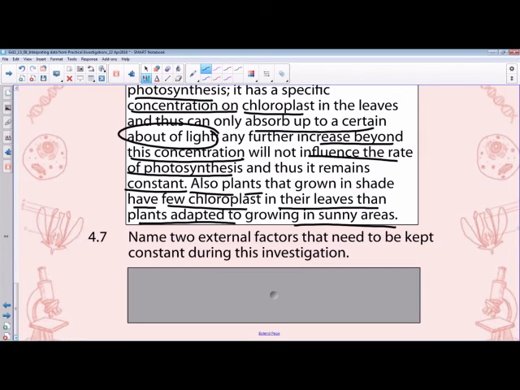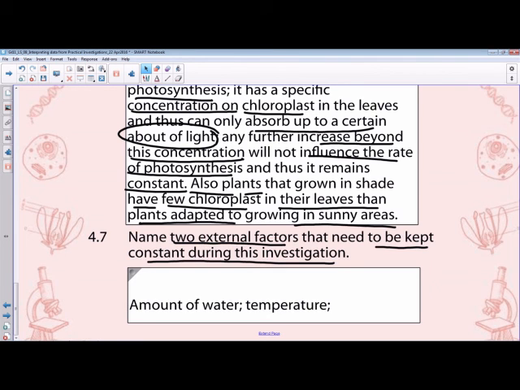Let's look at the last question and we'll do an overview of this. Name 2 external factors that need to be kept constant during this investigation. When we look at external factors, there are several factors that tend to influence the rate of a reaction. We discussed this, but let's look at the solution. What are the factors that make this experiment fair?